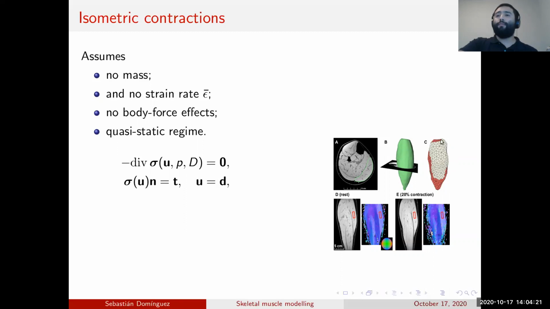So again, for example, for this muscle here, which is a 3D subsample of this MRI scan, what we did was to clamp this side, corresponding to this upper side, and then clamp a few faces here at the bottom. This muscle represents your gastroc on the leg, on your calf.